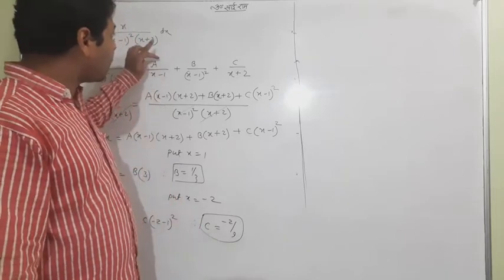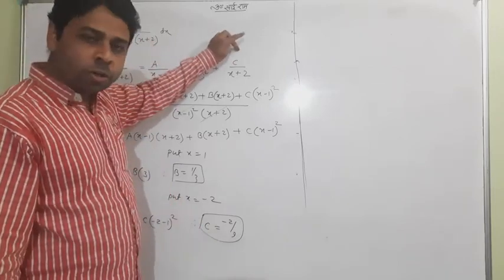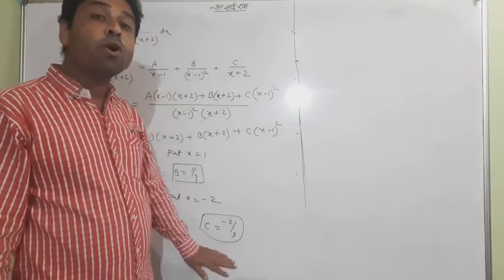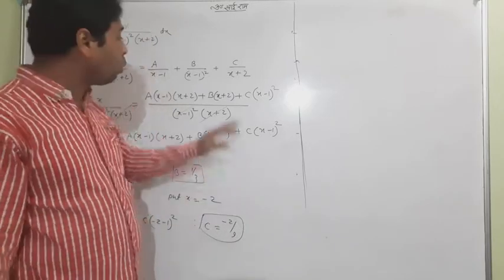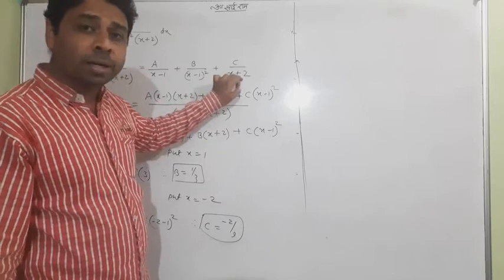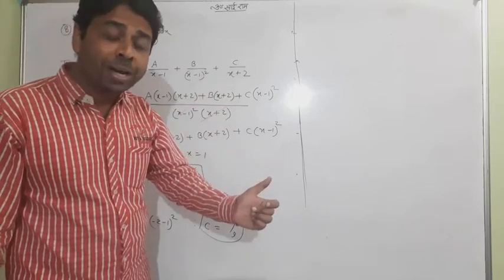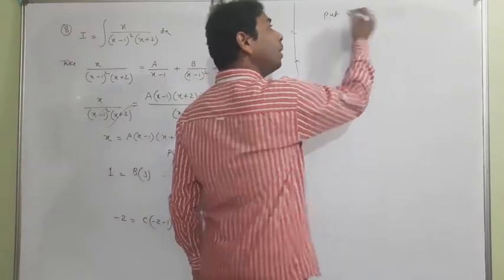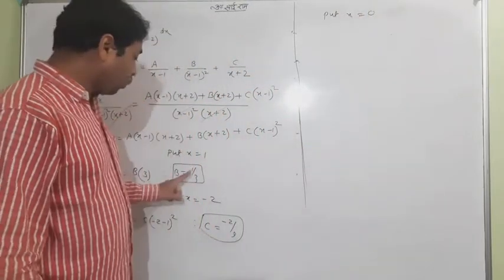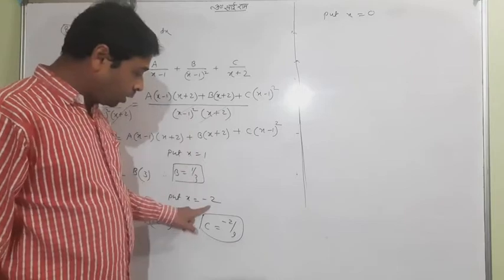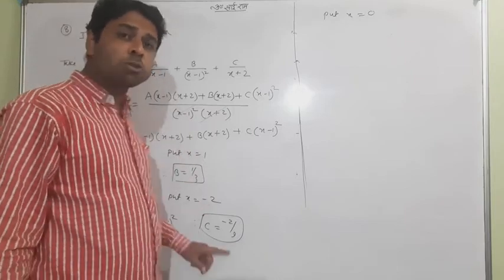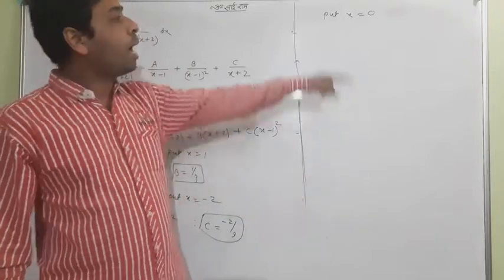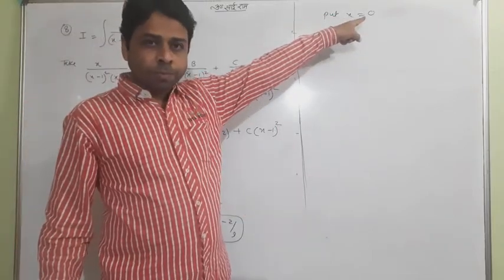You had 3 constants, you already got 2 values, B and C. So for the third value, we don't need to see the type of factor. We are free to put any value of x. I will put the easiest one, 0. It was 1, it was minus 2. Except these two, you can put any value. So I am choosing x equal to 0.